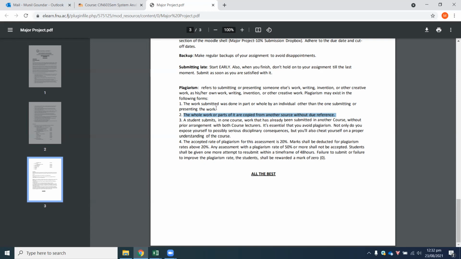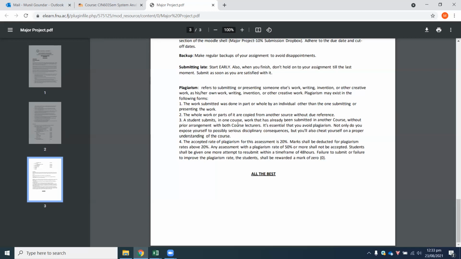Sometimes what I generally see is students would directly copy it from the web and put a reference in the reference section. Now that's still wrong. When you are using somebody else's work, you are supposed to coin up the words on your own, and then you are supposed to give the reference. If you're directly copying and pasting, that's also wrong. All right, so please take good notice of this.